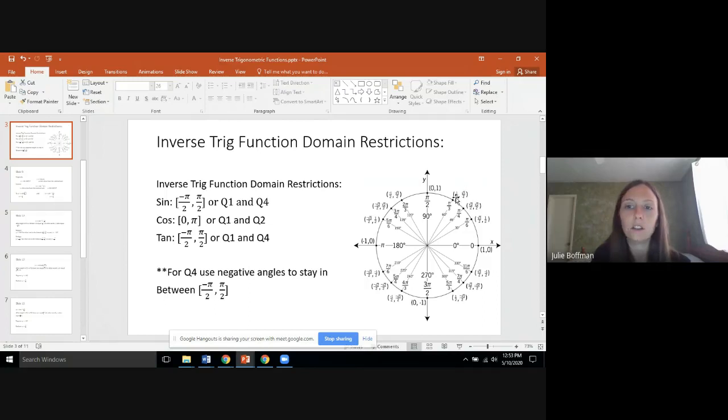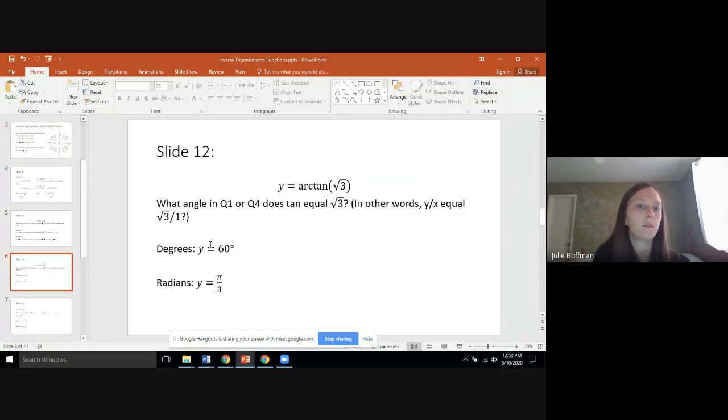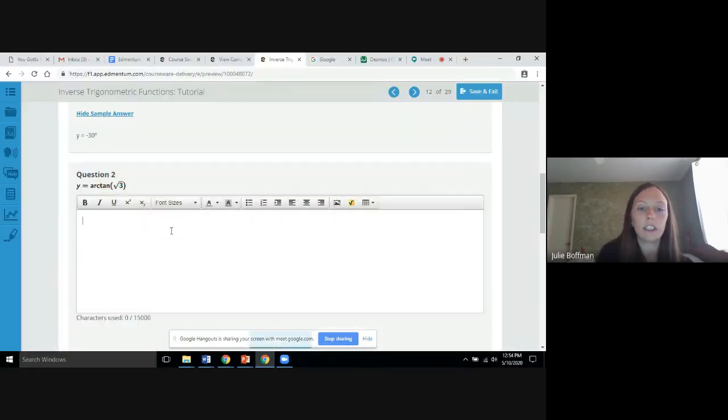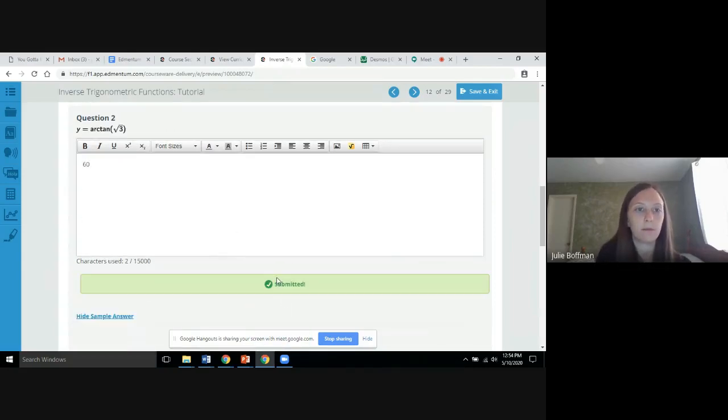Because the over 2's simplify out, so you'd be left with √3 over 1, which is √3. So the answer is 60 degrees because they want it in degrees. And you don't have to do anything funky there. You only have to do the negative angle thing when you're in quadrant 4.